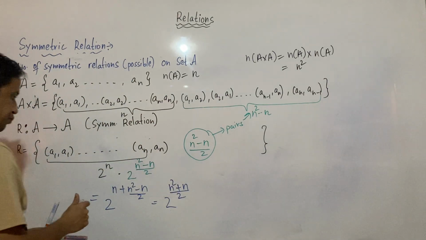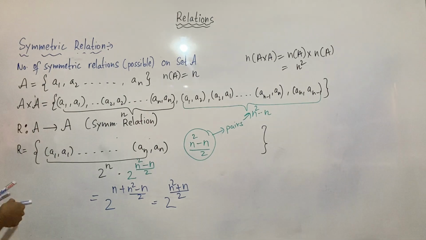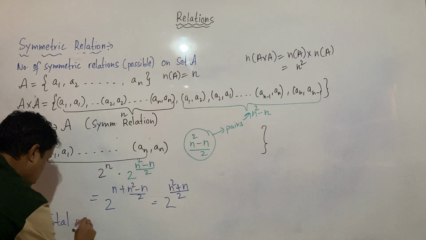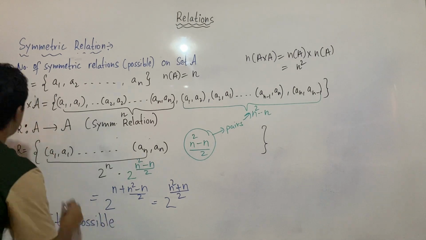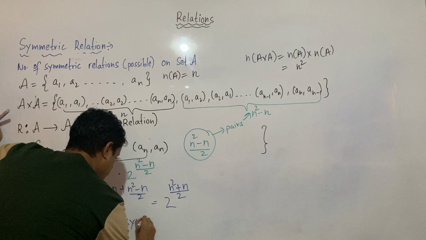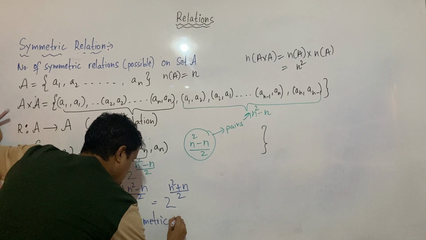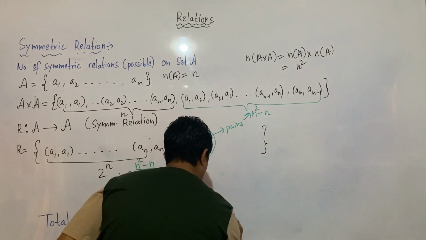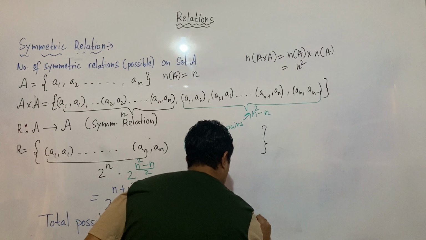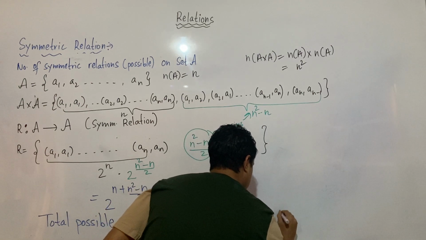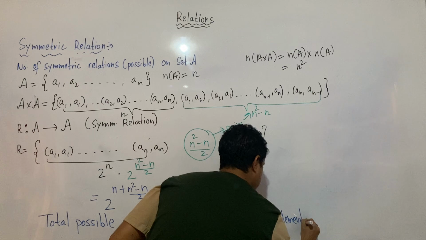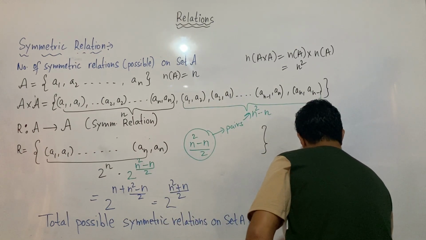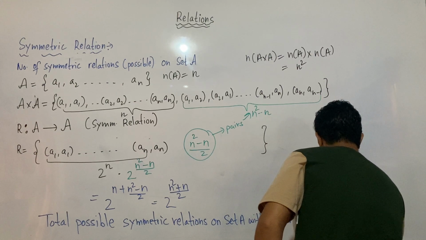Okay, so total possible symmetric relations on set A with n elements is equal to 2 raised to power (n square plus n) by 2.